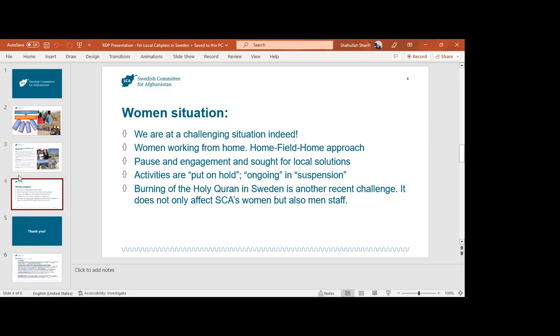In the field, the main approach is home to field, field to home. It means our field staff go to the field and come back home rather than going to the office because of the ban on women's work. But still, this is not the situation in all our coverage areas. There are some areas where even home to field and field to home is not allowed.